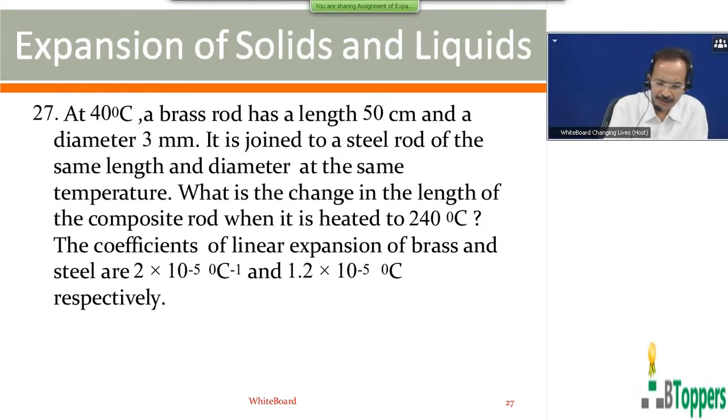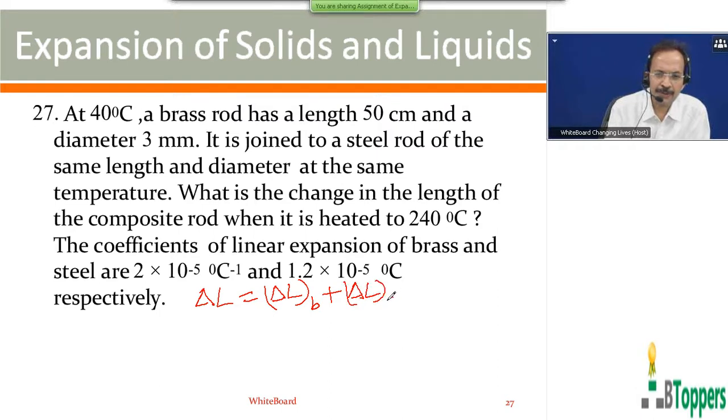So the change in the length of the composite rod is equal to the change in the length of the brass rod plus the change in the length of the steel rod.